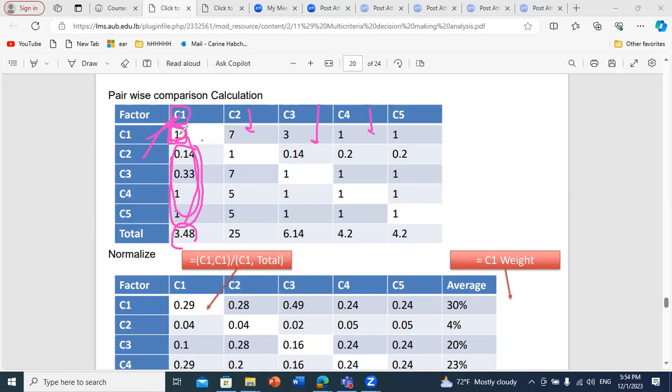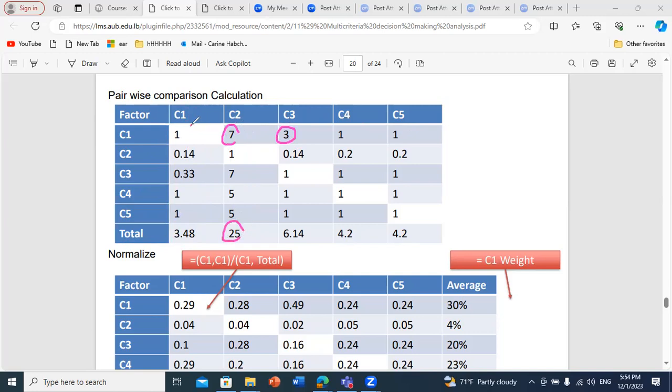When I divide the number in this row by the total, it gives me an idea about the importance of C1, because a large number here means that C1 is important, and small numbers here mean that C1 is more important than the other factors. So when I calculate the ratio of any of these numbers on the total, this will give me the weight.